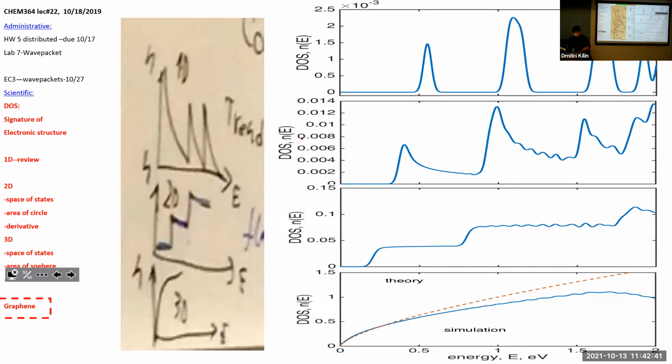If the box is very small, the confinement is so strong that it pushes all states away from the ground state. The lowest state will be just one line, and here it will be a superposition of a few minor states, but the spectrum will look very much like an atom.